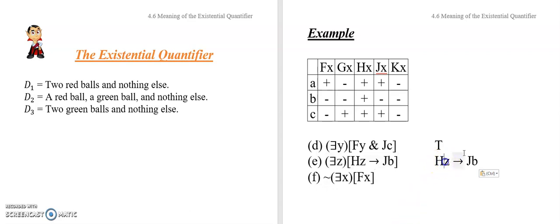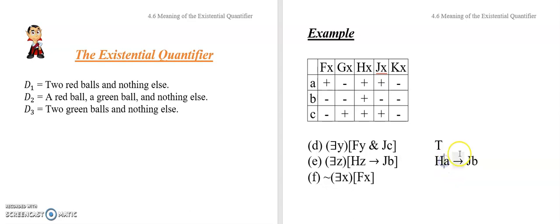So let's take a look at this. Is this statement true or false? This is HA implies JB. HA is true. JB is false. So we've got a false consequent and a true antecedent, and therefore this conditional is false.